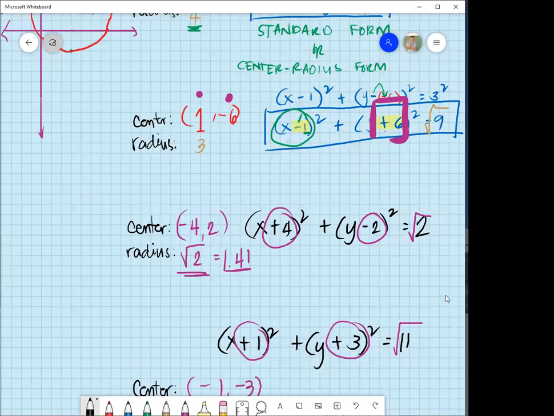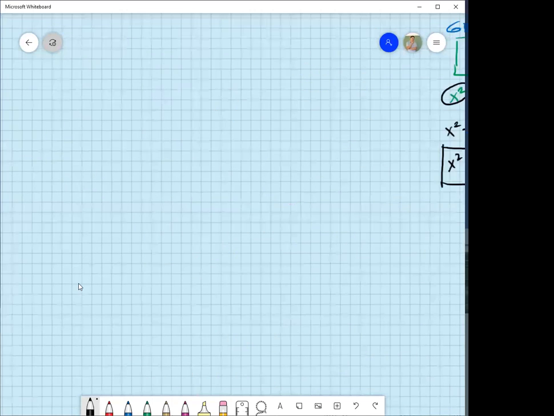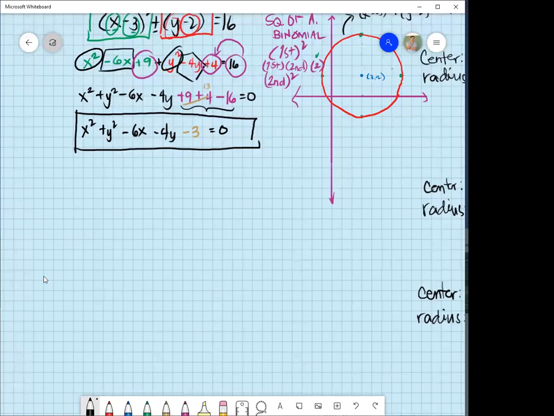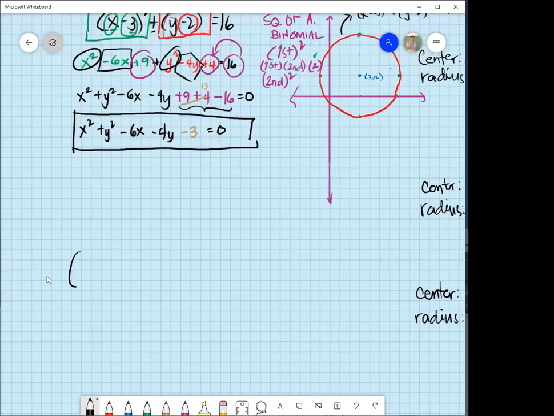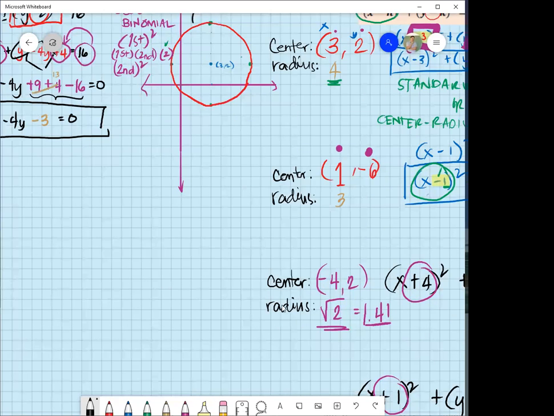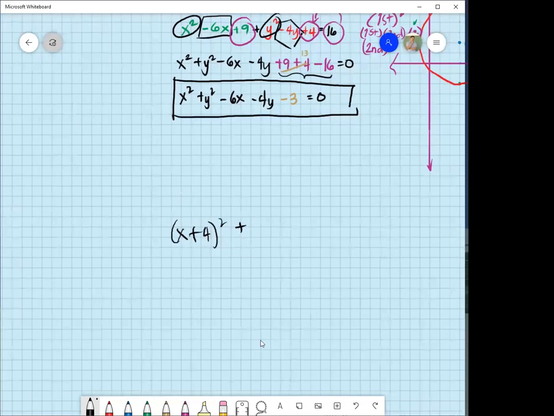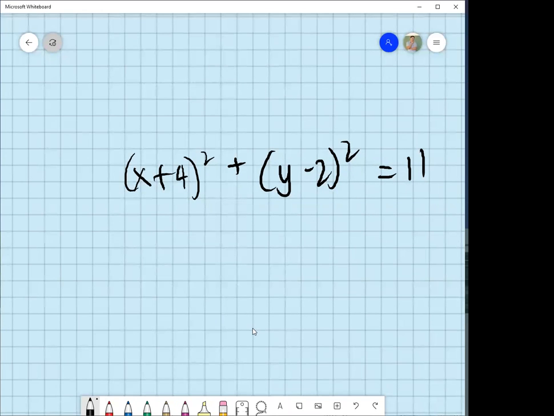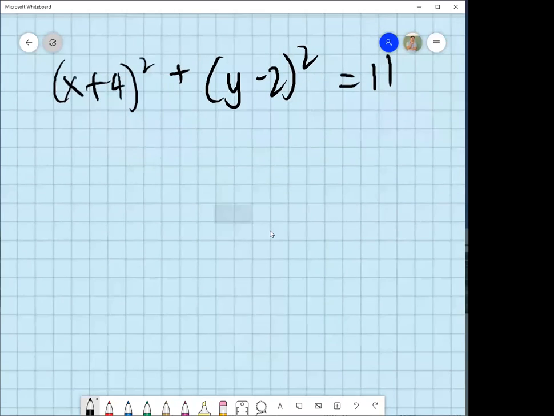We have x plus 4 squared plus y minus 2 squared is equal to 11. Game. Change this to general form. Go.